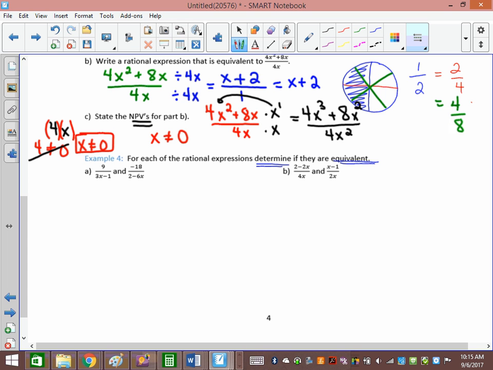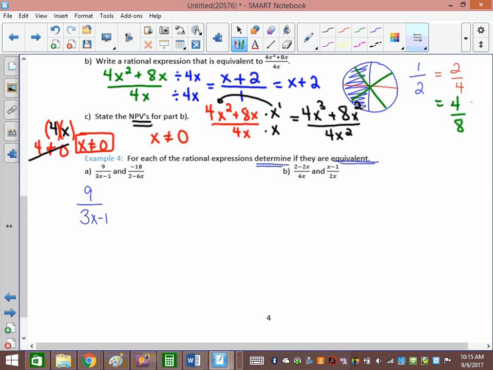Okay? So it's up to you. You can either take the second one and try to make it the first one, or the first one and try to make it the second one. They have to be the exact same in every single way, so the signs have to be the same as well. So I'm going to try and make the first one be the second one. So I have 9 over 3x minus 1. And I'm trying to make it be negative 18 over 2 minus 6x.